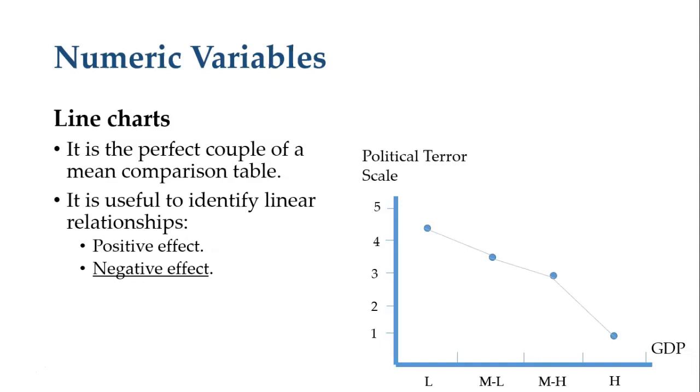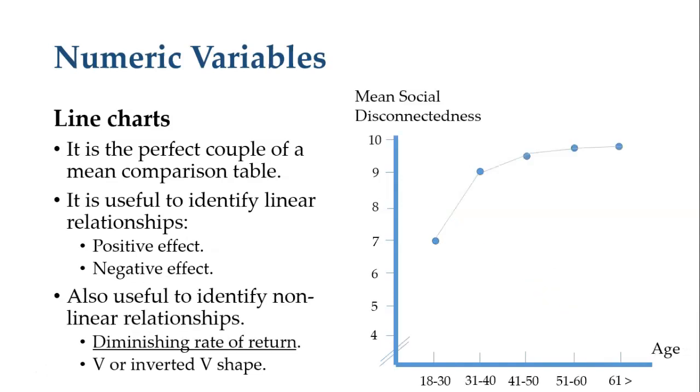But you can use line charts to find more interesting relationships, such as non-linear relationships. This is what is called the diminishing rate of return. And the example here is between age and social disconnectedness.